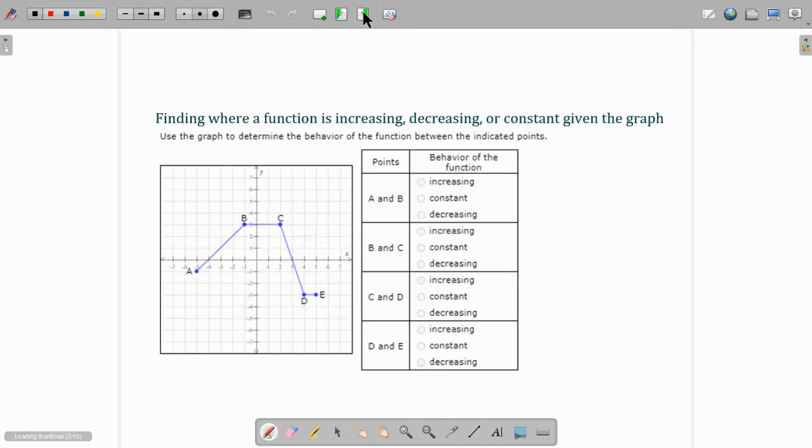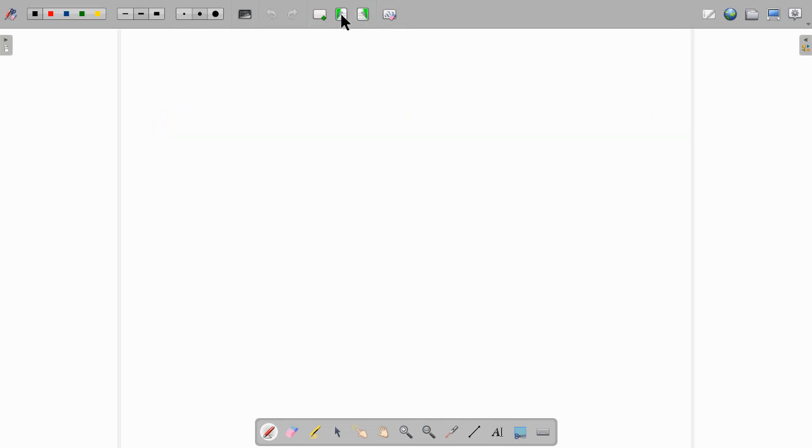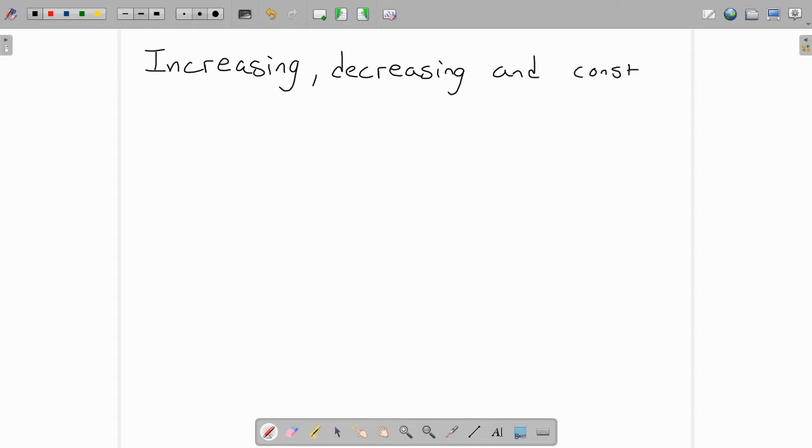All right. So next, we're looking at increasing, decreasing, and constant functions or graphs.